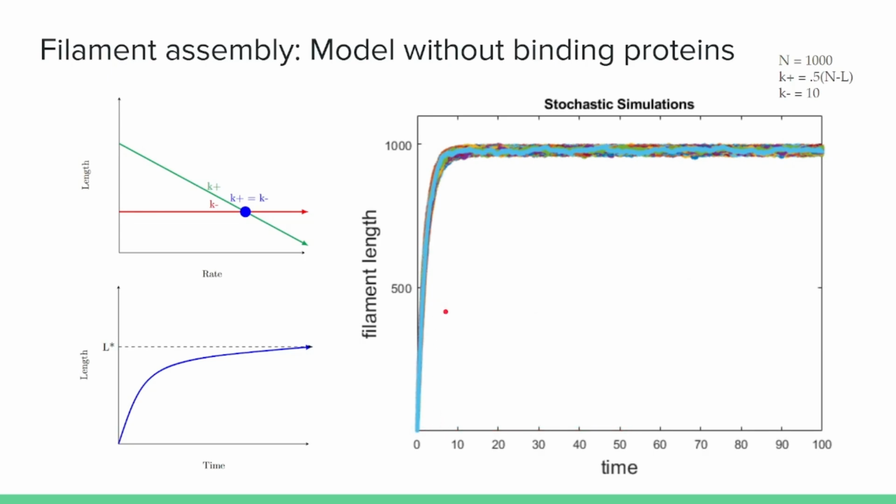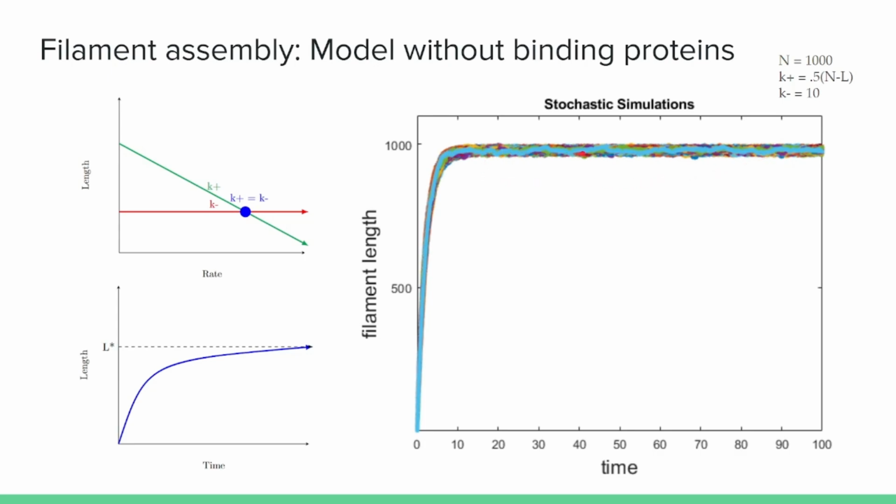And as our simulation goes, each filament starts exponentially growing up for the first few seconds, and then as we near 1,000, they start tapering off into a near slopeless pattern, or just purely horizontal pattern.